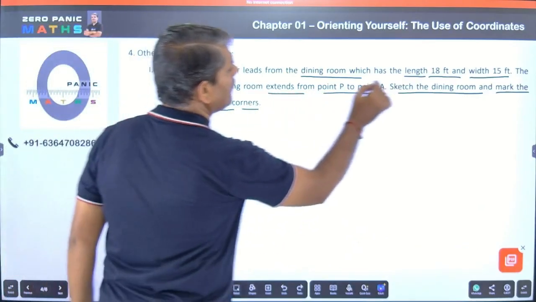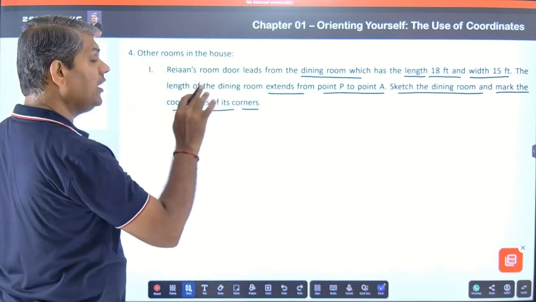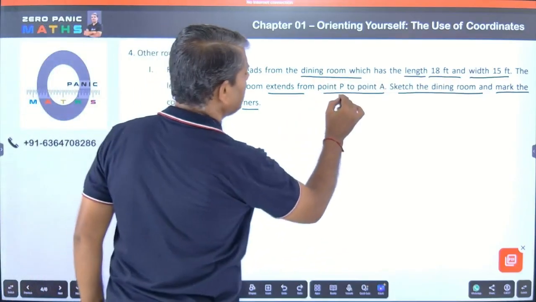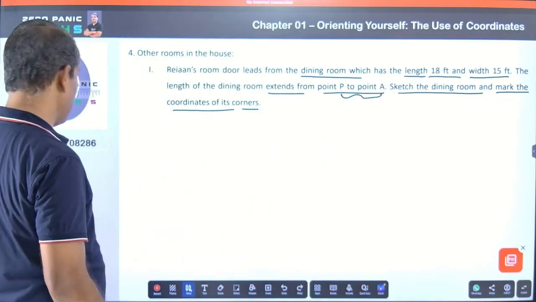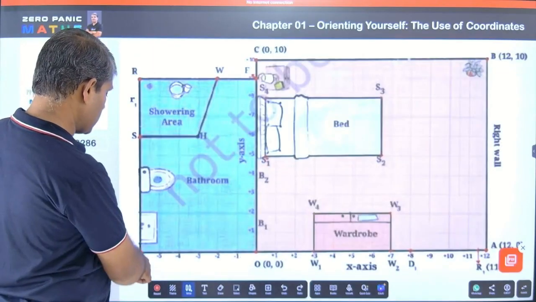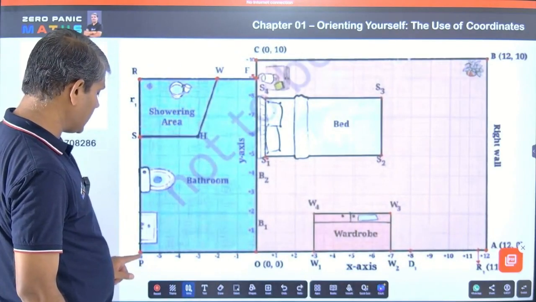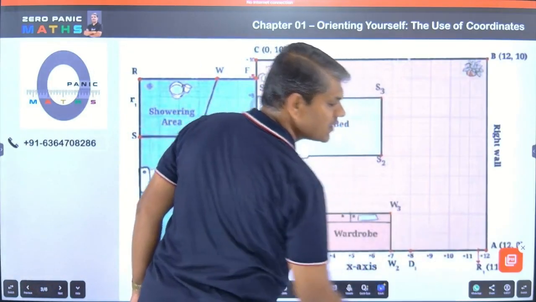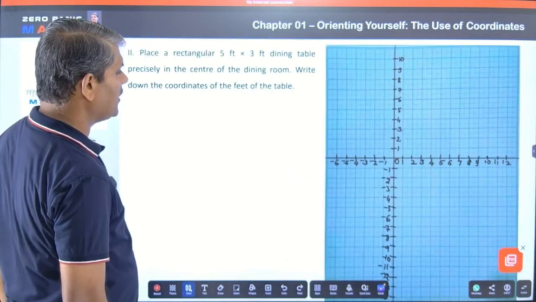Now let us see what they are saying. First of all, 18 feet length and 15 feet width. It starts from point P to A. So point P to point A, this is the first point, and this is A. What is point P? Minus 6, 0. And what is point A? It is 12, 0. That you know already. So let us identify those first.